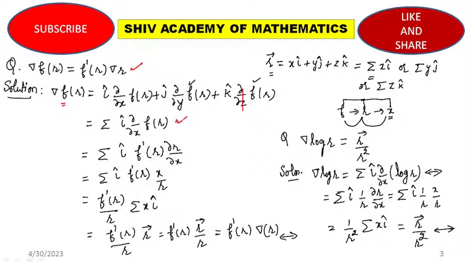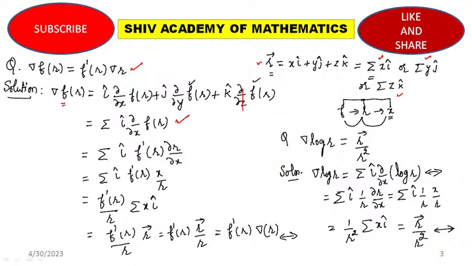I have solved this problem by this method. You can write it as sigma i cap del by del x of f(r). Here r is xi plus yj plus zk. Then you can write it as sigma x i cap, or sigma y j cap, or sigma z k cap. You have to take only one term in this compact form.